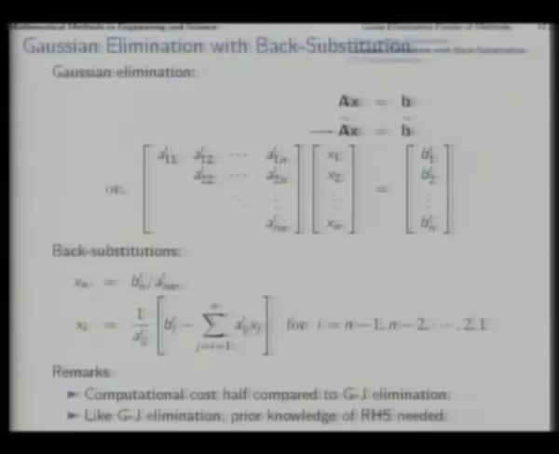And before going into the actual method as such, we try to make a little observation regarding how this Gaussian elimination method actually worked. What are the steps that were applied in order to reduce this matrix A to A tilde, this upper triangular form?